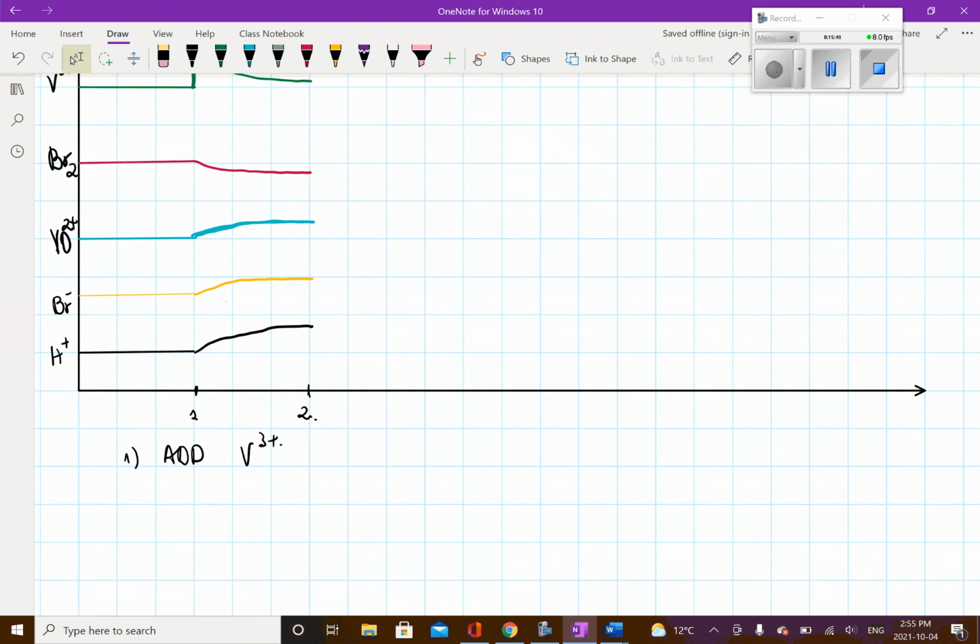And now for the second change, what do we do? As it is reaching the equilibrium, we add a catalyst. And as we said, when the equilibrium is reached, the catalyst doesn't have any effect on it. So everything will stay as it is. Nothing will change. All the lines will be exactly the same.